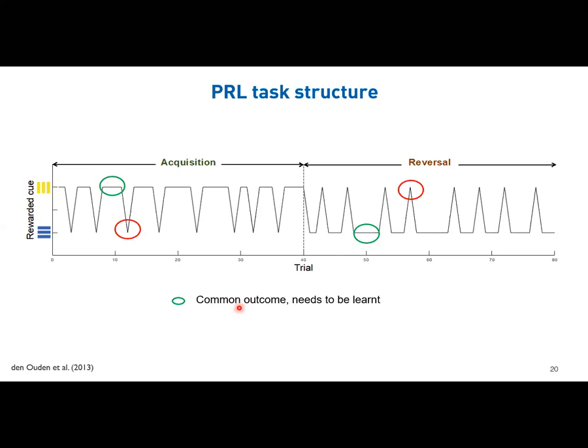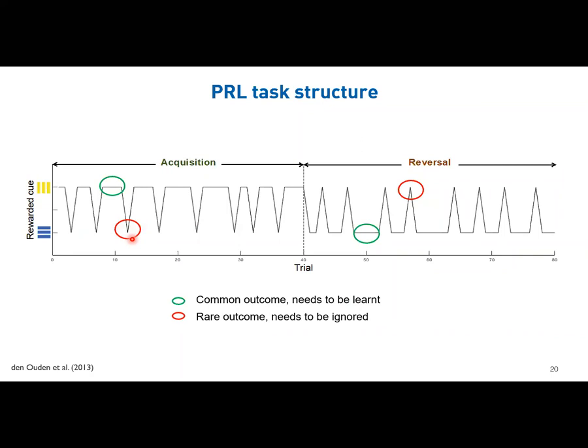And we also know that this is probabilistic in nature. The good option, the better option, occasionally also produces negative feedback, 20% of the time, for example. So in this case, in the red circle, as an experimenter, we know that this is a rare outcome. Even though yellow is a good option, it also rarely produces negative feedback.